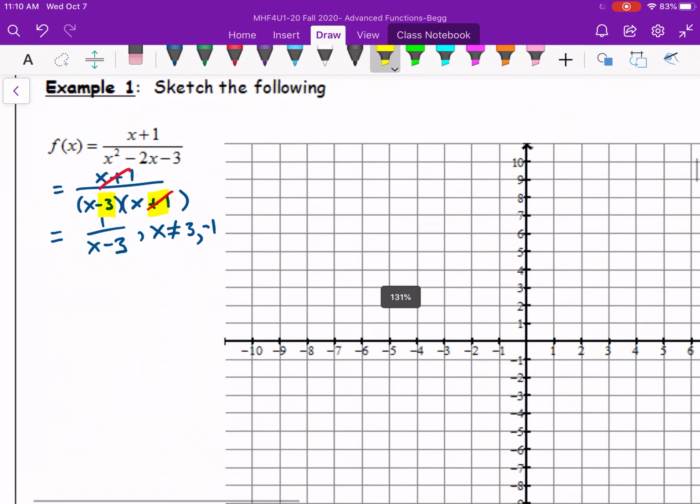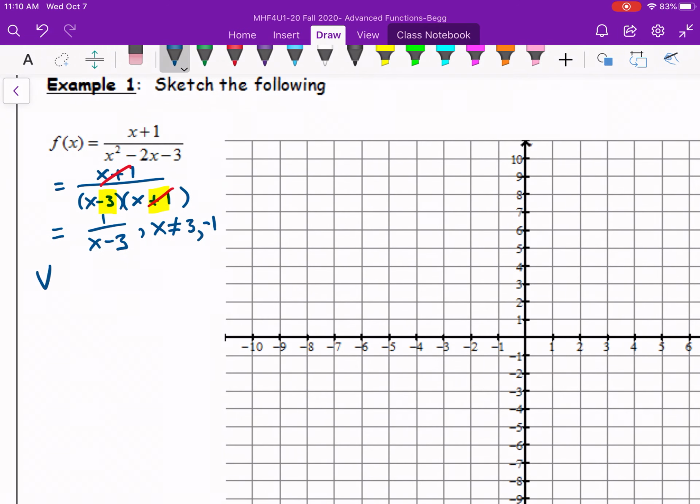All right, so the x can't equal 3 is easy. That's just a vertical asymptote. So if x can't equal 3, that just means we have a vertical asymptote at x equals 3. But x also can't equal negative 1, and we've seen before that's not an asymptote, that's a hole.